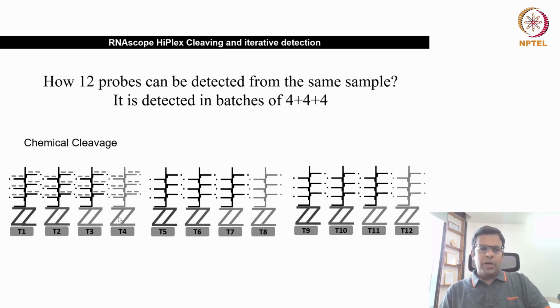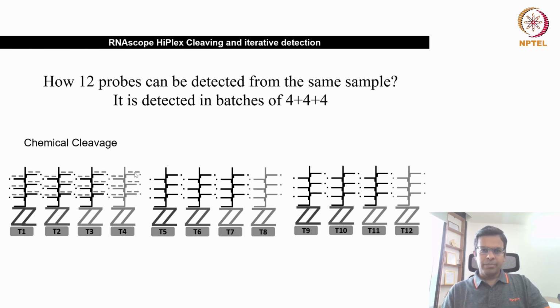So all 12 different mRNAs are hybridized with these 12 different double Z probes, and they are already labeled with the pre-amplifier and the amplifiers, but the fluorescent dyes will be added in batches of 4 plus 4 plus 4. First, only the fluorescent dyes with 4 different colors will be added to detect these 4 mRNAs.